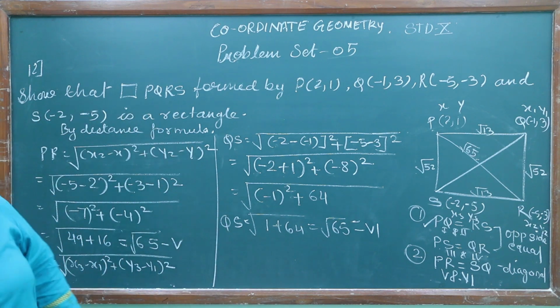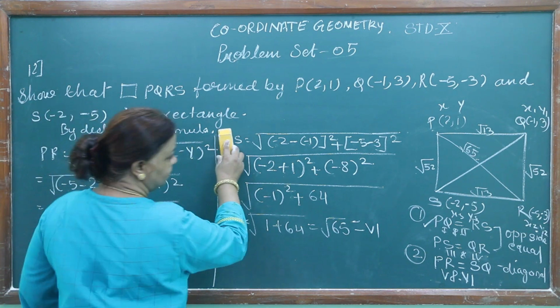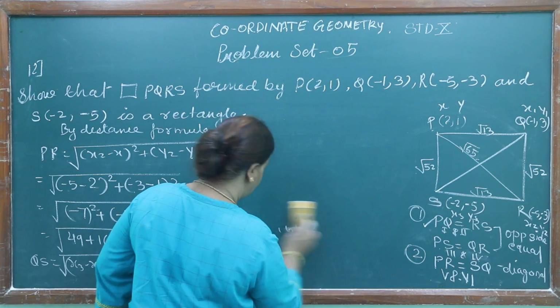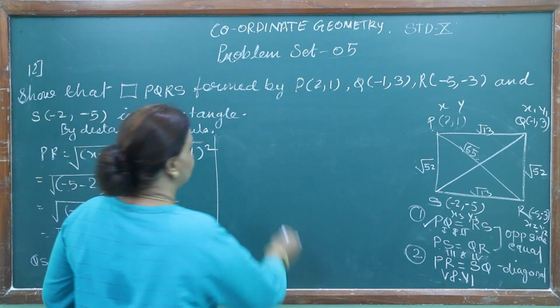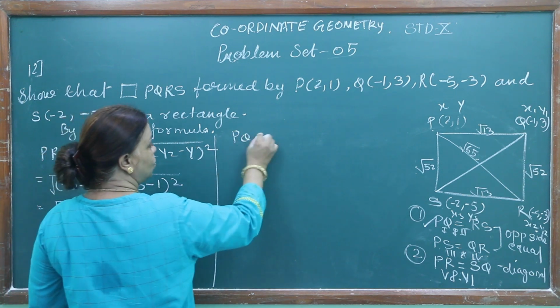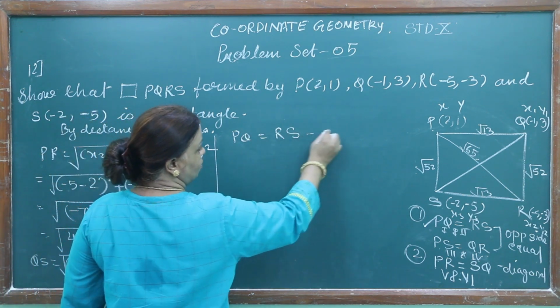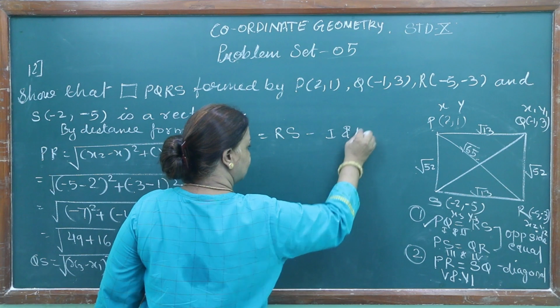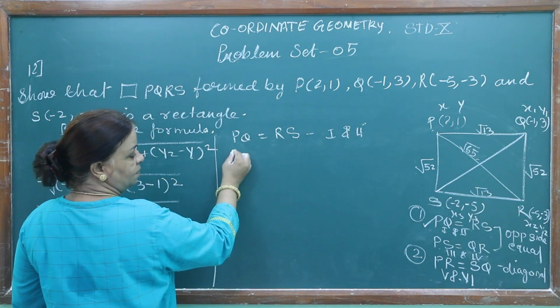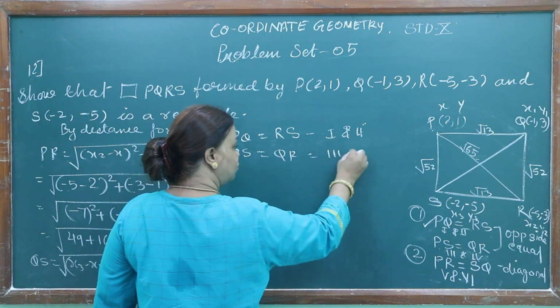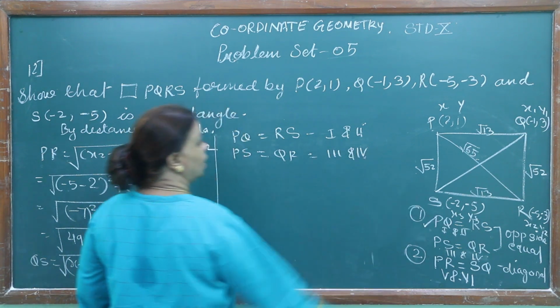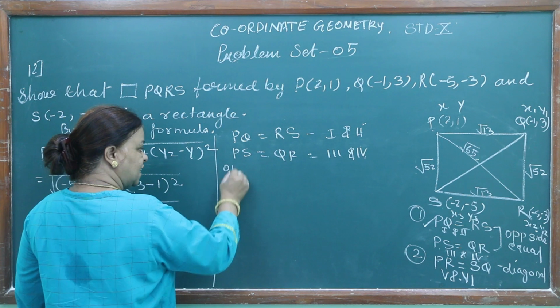Let us write down those statements. Let me rub it. You can pause, children, and you can solve the sum. So we are getting PQ is equal to RS from first and second, and PS is equal to QR from third and fourth. Okay. Opposite sides are equal.